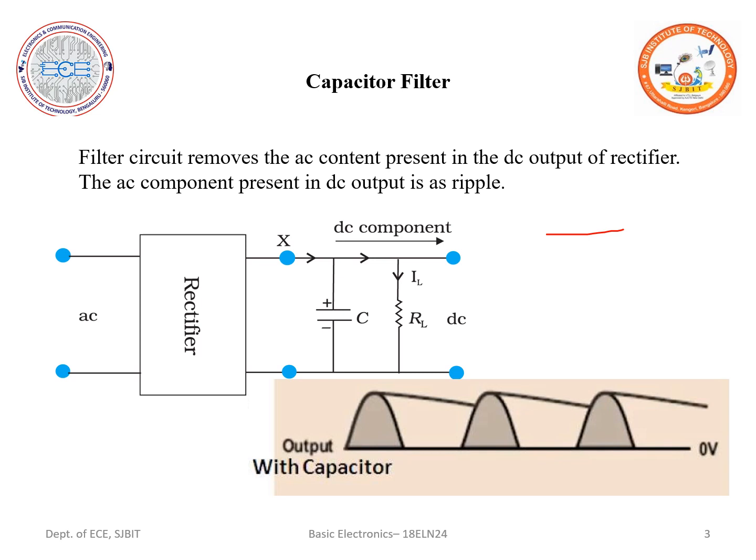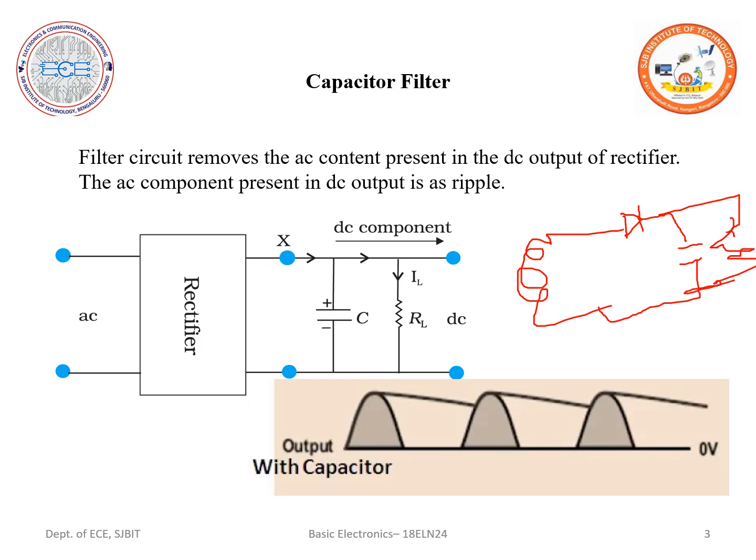So if I take a half wave rectifier, let it be a secondary winding. I have a diode here. Soon after this diode, I should connect a capacitor over here and then a load resistor RL.